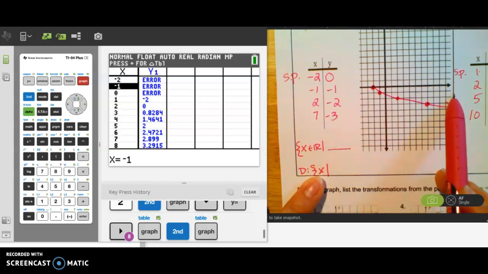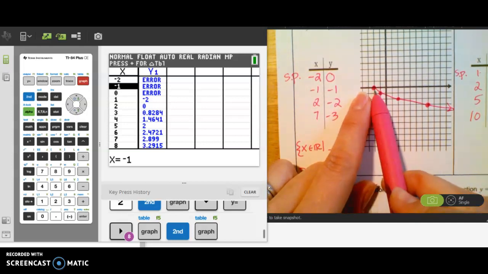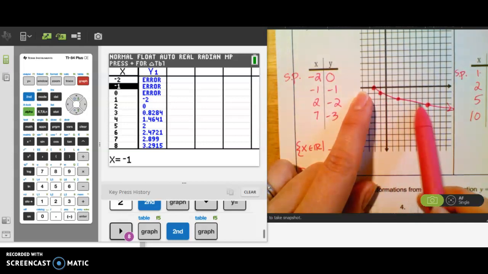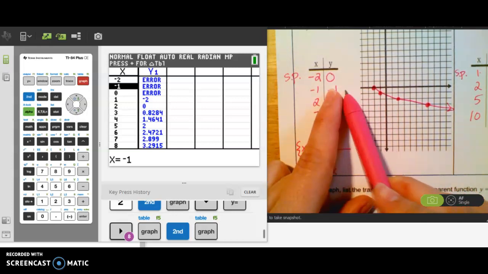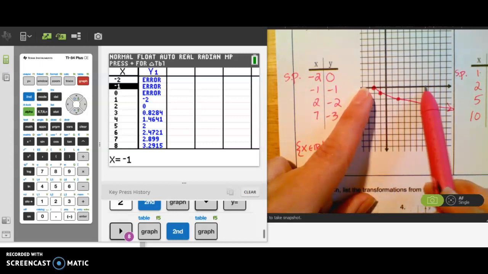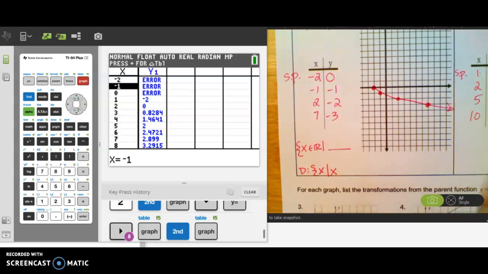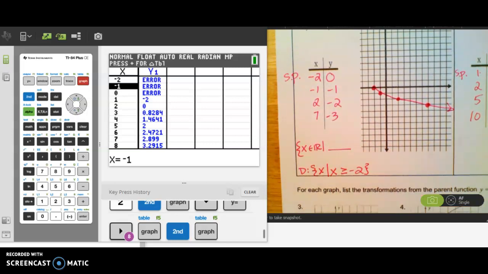What x values are being covered here? So such that our x's start here at negative 2. And then our graph goes this way forever and ever. So no x values over here are covered. We start at negative 2 and we are actually going to the positive x values. So that means x is greater than or equal to negative 2.